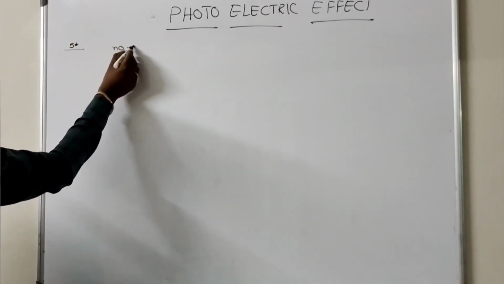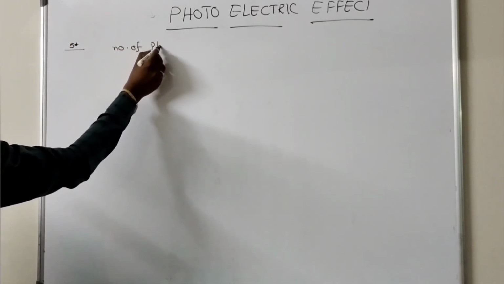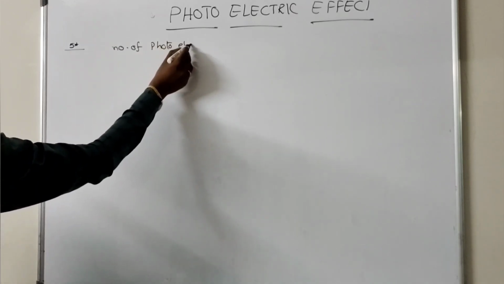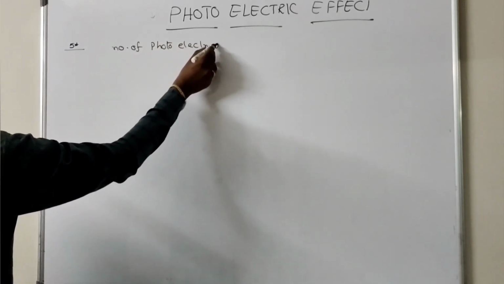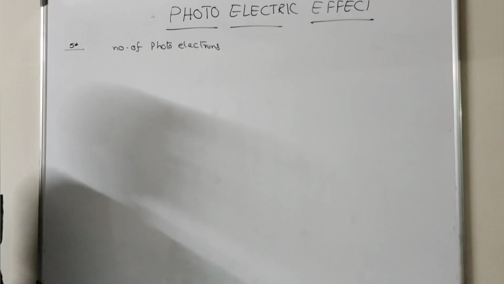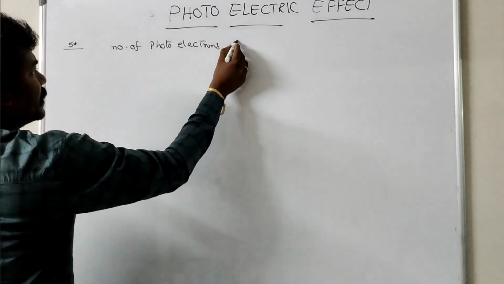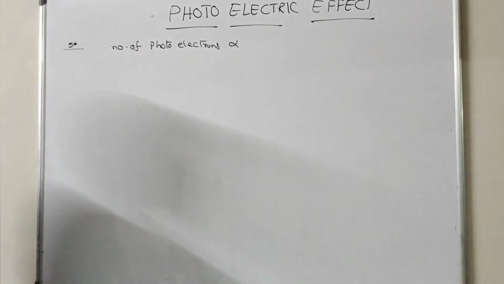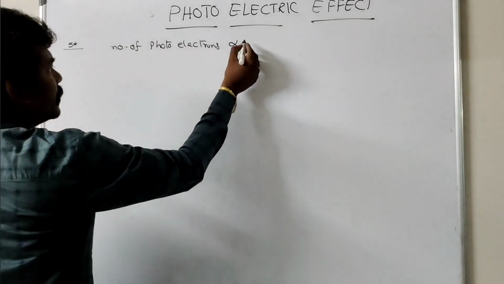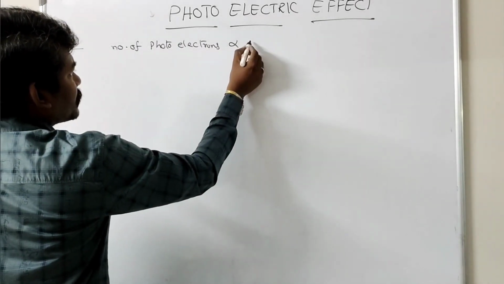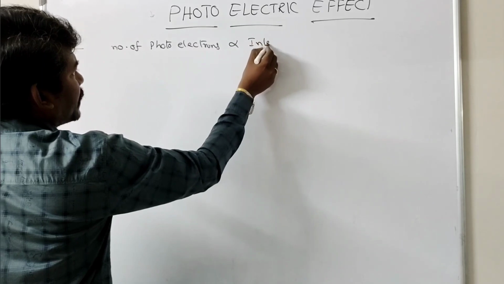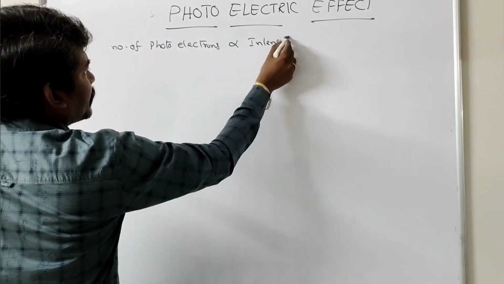The number of photoelectrons ejected depends upon the intensity of light radiation.